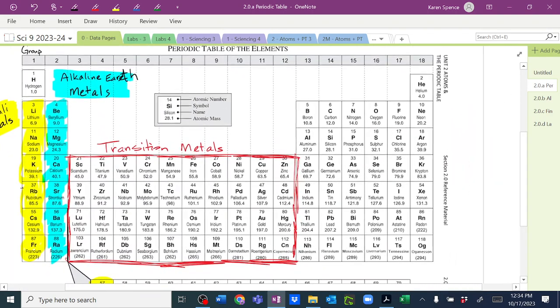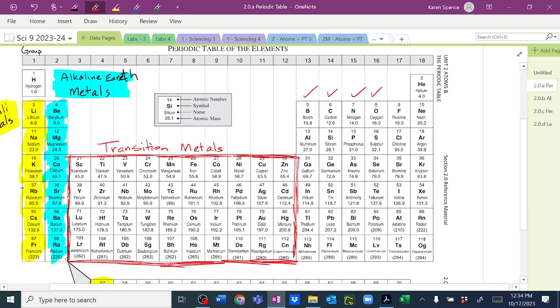Okay, now, which groups don't have any particular name? This one, 13 has no particular name. Neither does 14. Neither does 15. And neither does 16. So those ones don't have a name.